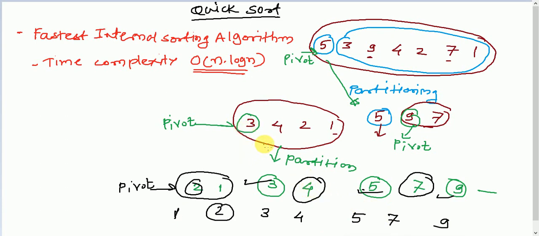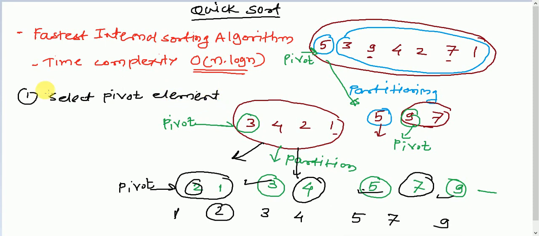So what we are doing here, the steps are: the first step we followed here is to select the pivot element. By default our first element is the pivot element.